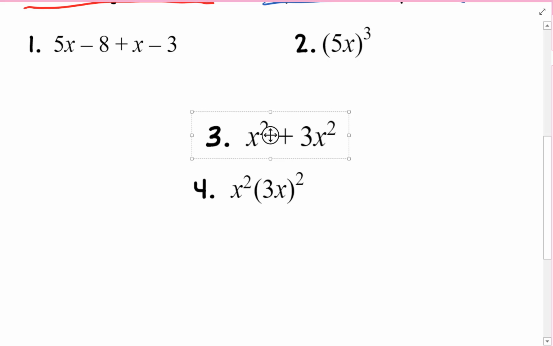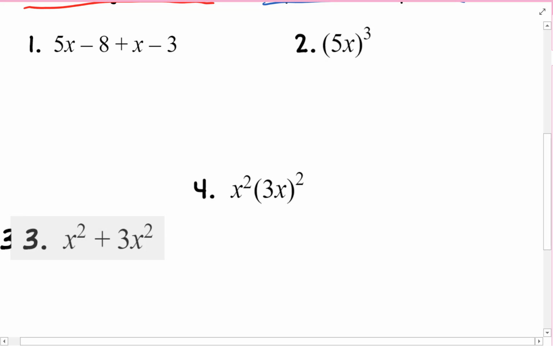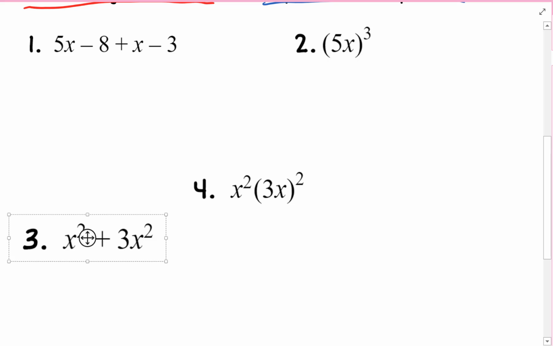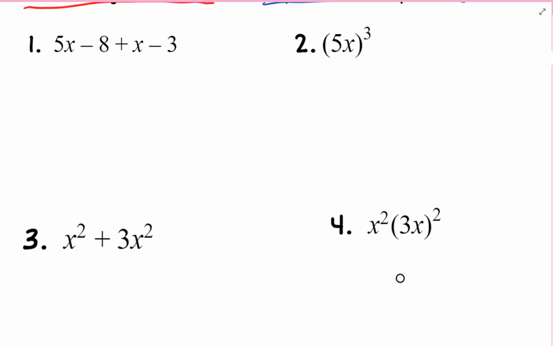This problem will require us to combine like terms. And finally, number 4, x squared times 3x, all of that squared, that's definitely going to require properties of exponents. That will require us to expand and simplify.